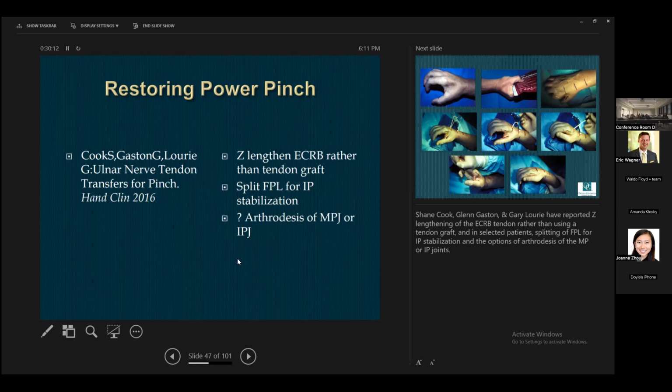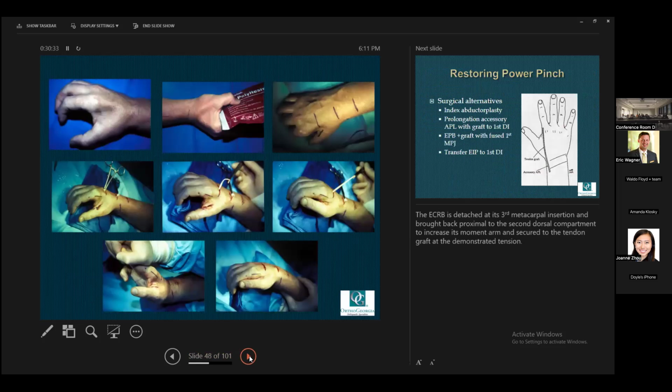But hey, look, when you're in situations where you're doing a brand reconstruction, you need all the tendon you can get. And if you can do a Z lengthening, I think this is good, you can use that ECRB tendon as donor, either with a Z lengthening or as an additional tendon graft. I think that's a good option.